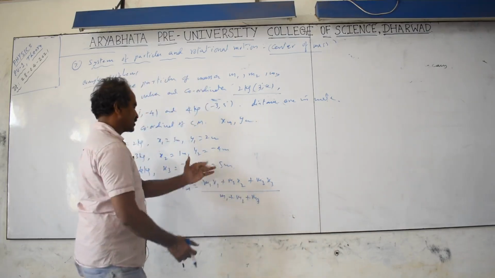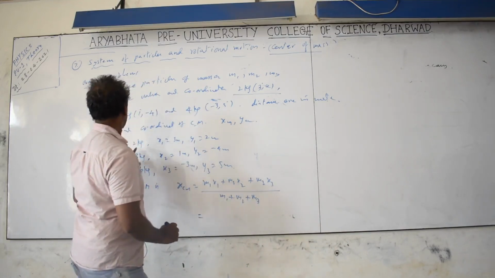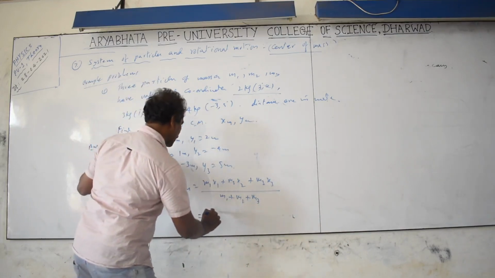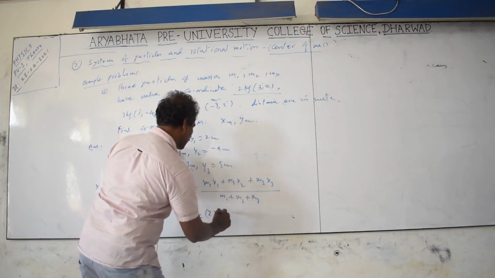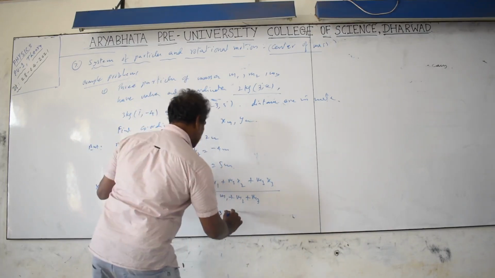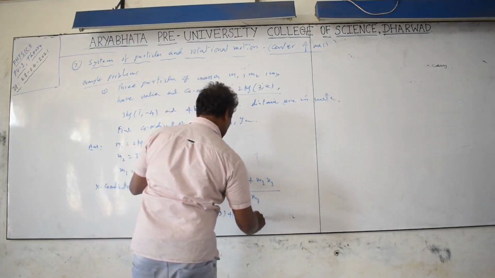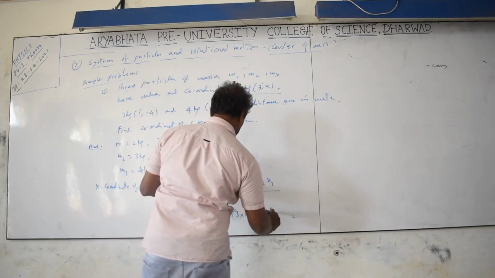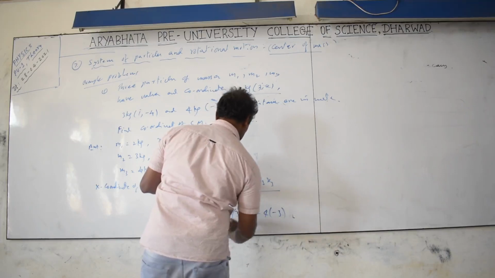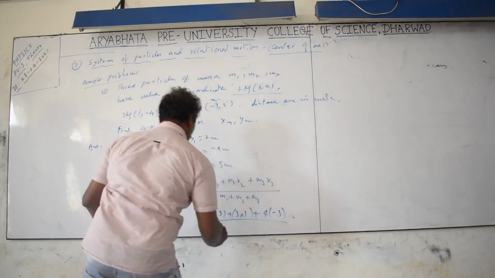Substituting these values: m1 2 kg into x1 3 meters plus m2 3 kg, x2 1 meter, plus m3 4 kg, x3 minus 3 meters, by m1 plus m2 plus m3, 2 plus 3 plus 4.